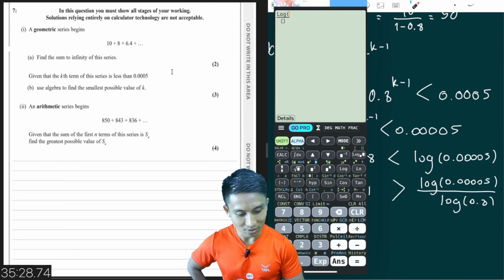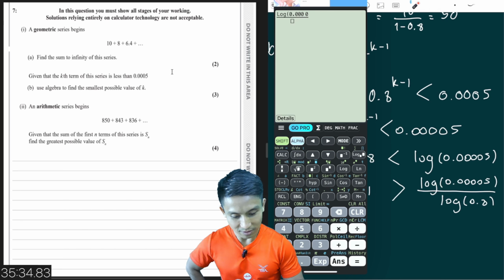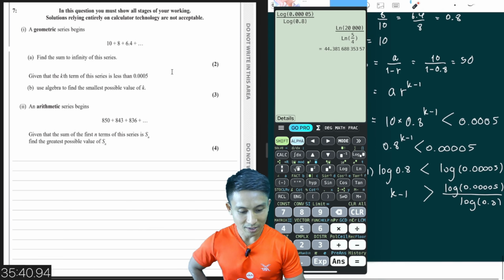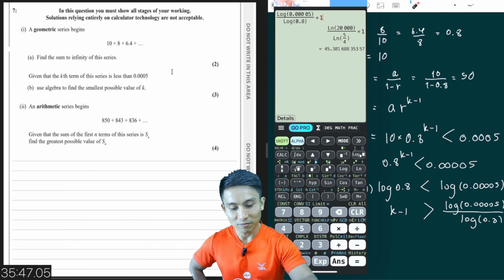So basically log 0.00005 divided by log 0.8, and then you add 1 from this, because you want k, so k is greater than 45.38.